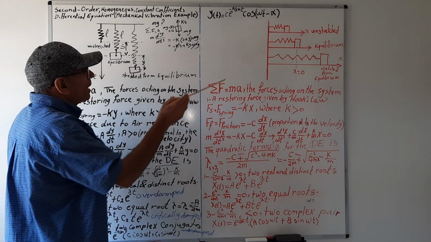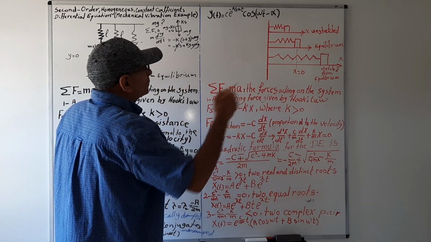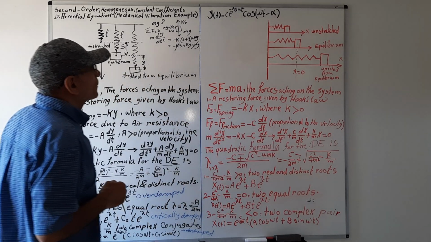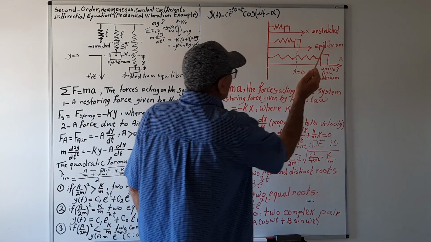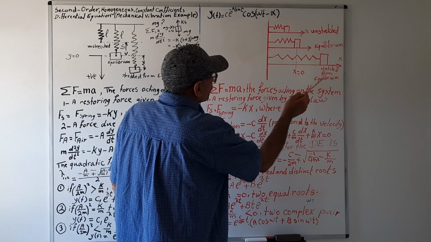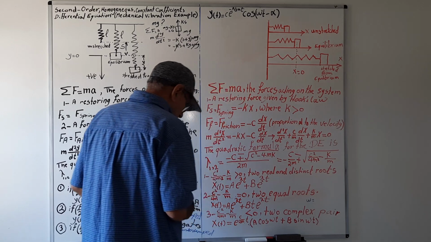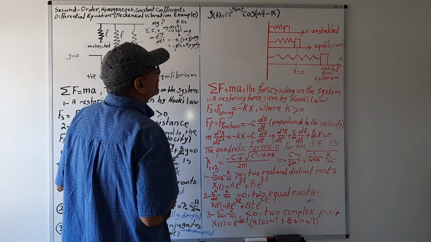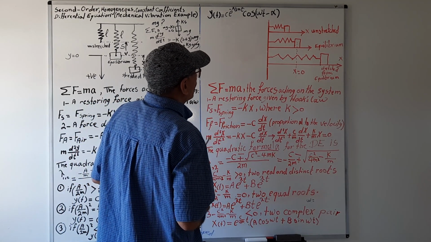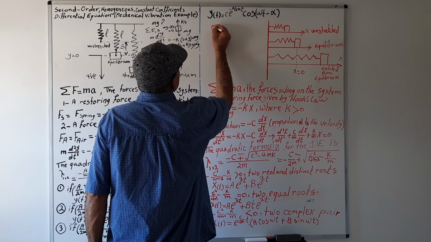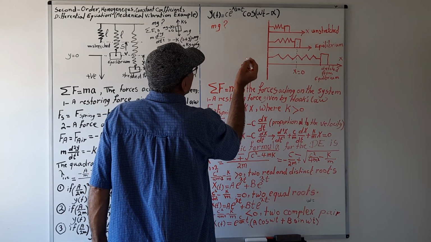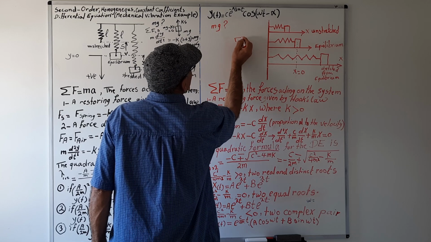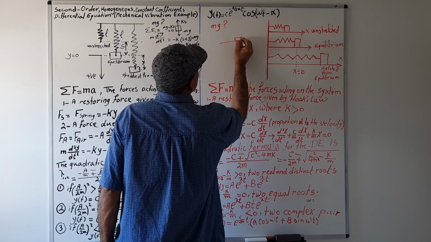The second part is the horizontal system. This is unstretched, this is equilibrium, and here stretched from equilibrium. And here also there is mg, where is mg? In equilibrium, we have this is the surface.